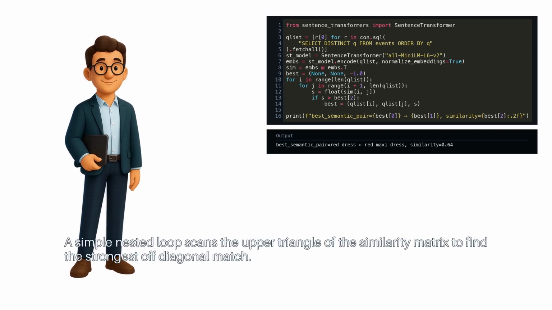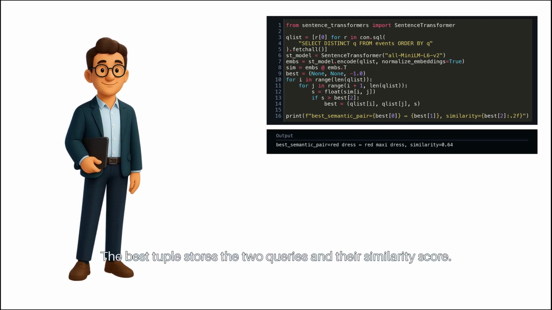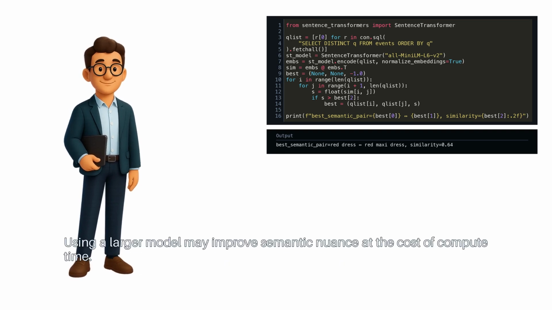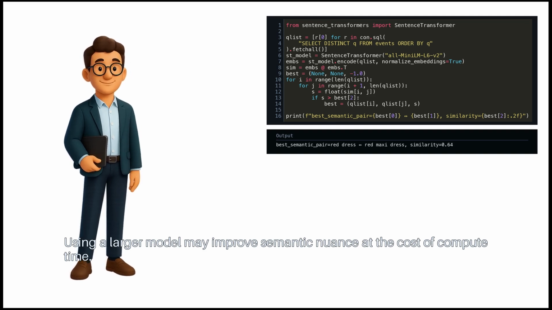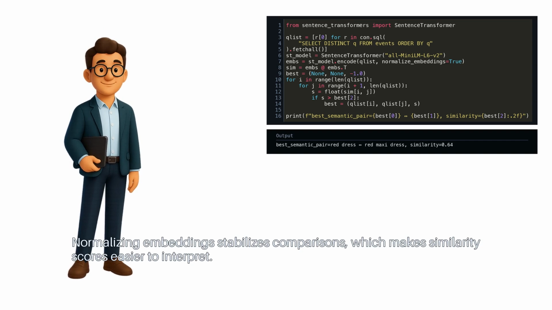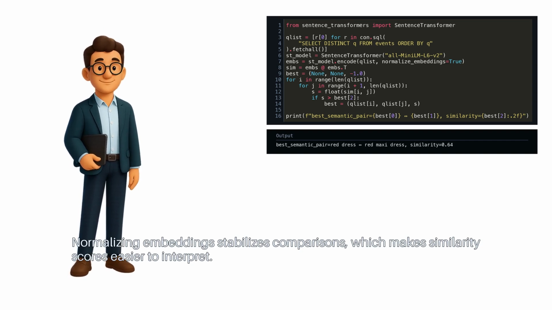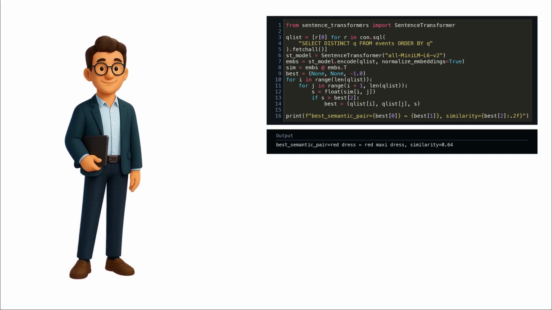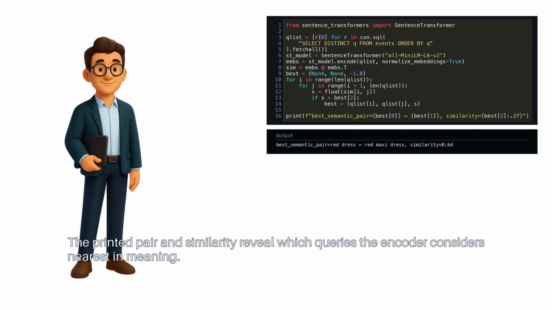A simple nested loop scans the upper triangle of the similarity matrix to find the strongest off-diagonal match. The best tuple stores the two queries and their similarity score. Using a larger model may improve semantic nuance at the cost of compute time. Normalizing embeddings stabilizes comparisons, which makes similarity scores easier to interpret. The printed pair and similarity reveal which queries the encoder considers nearest in meaning.